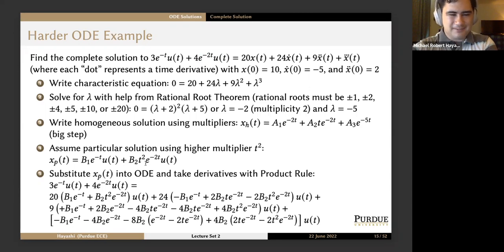So we substitute x of p of t into the ODE and take derivatives with the product rule. So we get left-hand side equals 20 times particular solution plus 24 times derivative of particular solution, where since we had t squared, we had to use the product rule once. And then once we have that term, we can add 9 times its derivative.